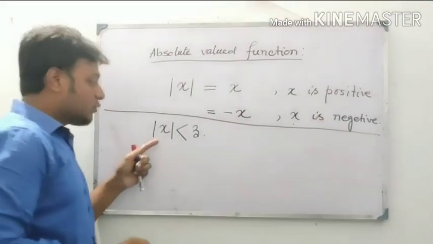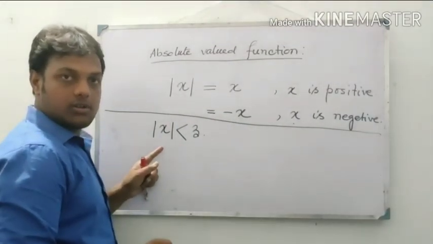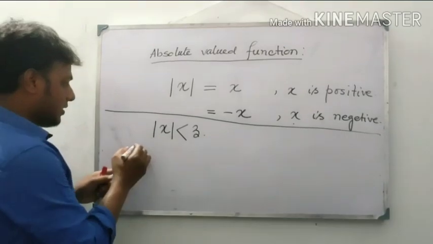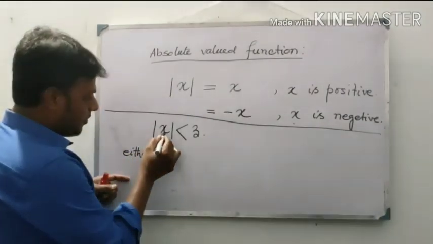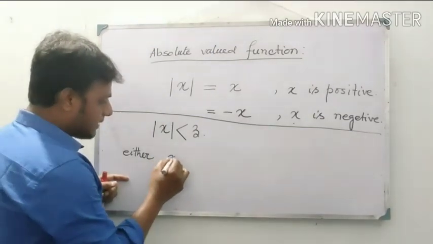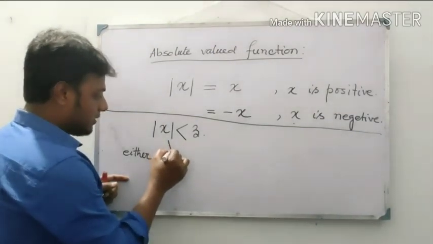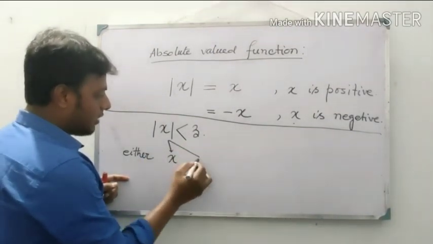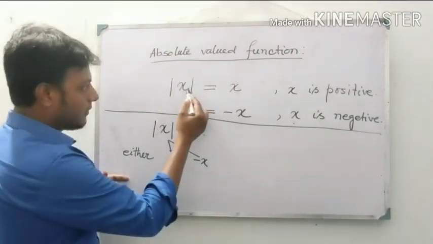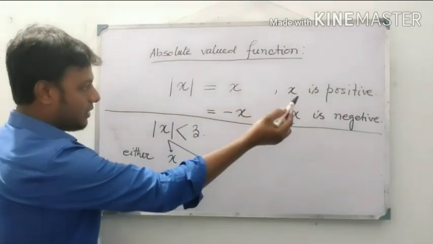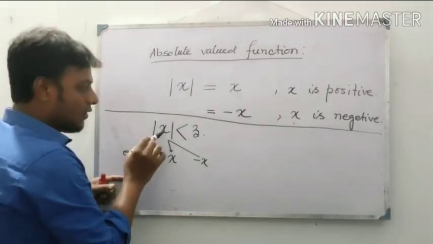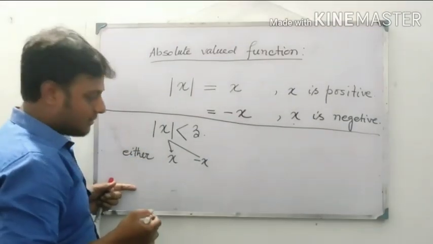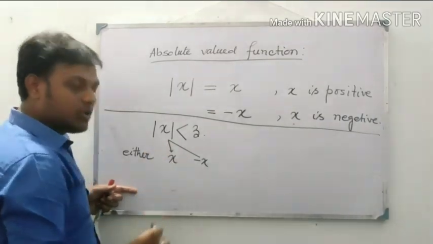First we have to remove the mod. In the place of mod x, it will be either x or minus x. Mod x equals x when x is positive, and minus x when x is negative. We don't know exactly what the sign of x is, so we have to consider both.